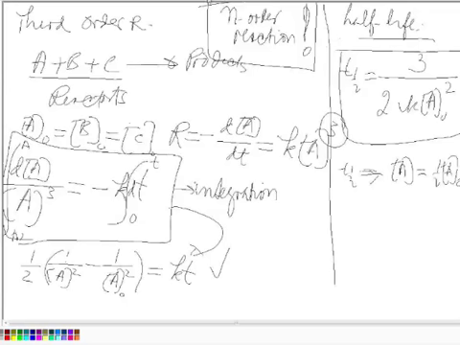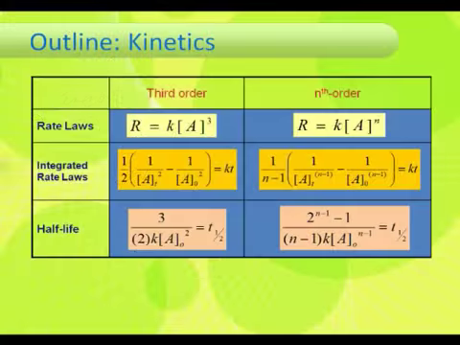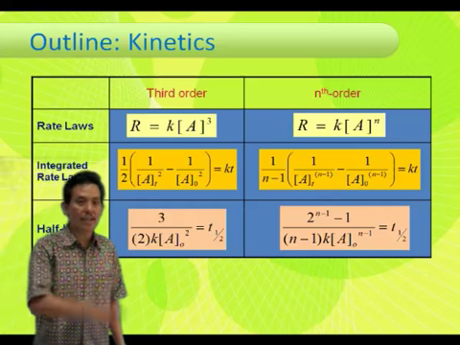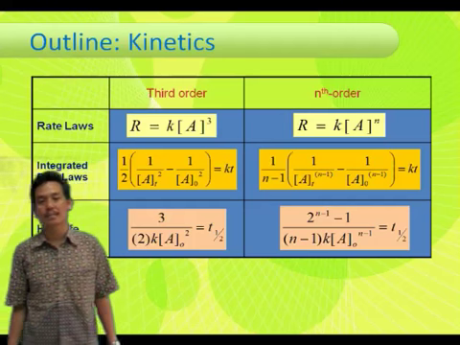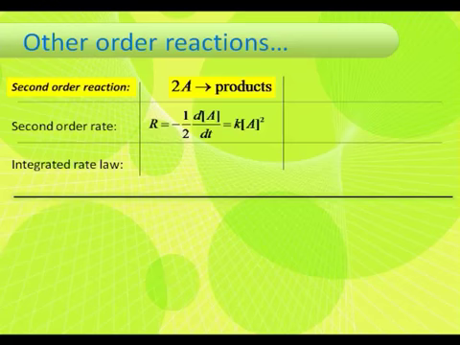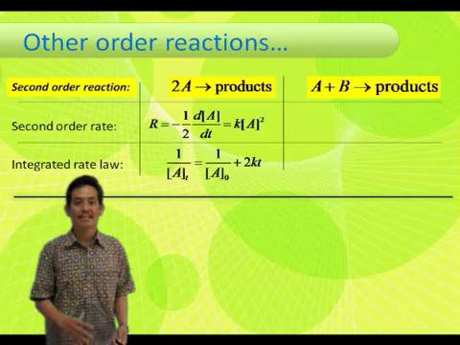Just have a look, because I already wrote it in the presentation file: for n order reaction, you have rate laws in the third column, integrated rate laws and half-life. So I think it's enough. This is the summary.